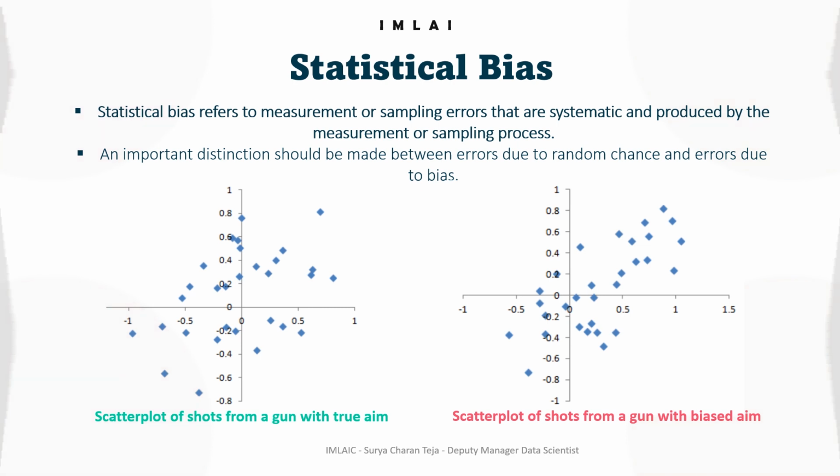So bias comes in different forms and may be observable or invisible. When a result does suggest bias, it's often an indicator that a statistical or machine learning model has been misspecified or an important variable left out.